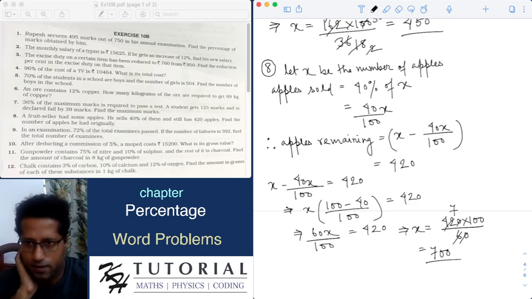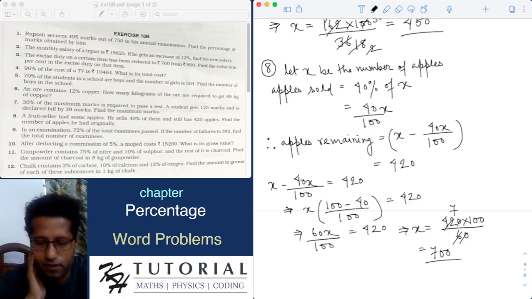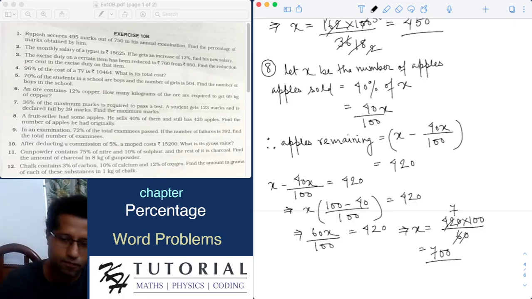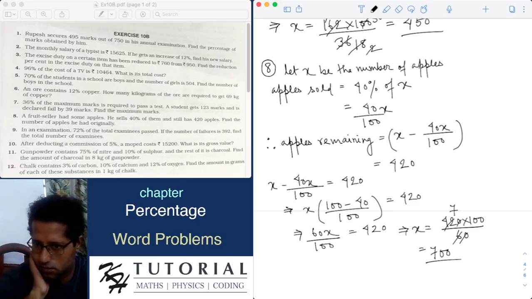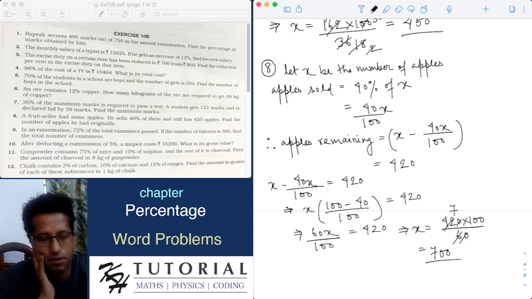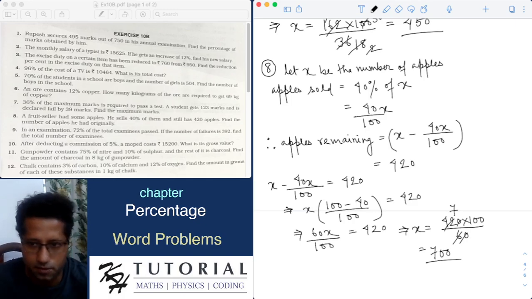Now, please note that these kinds of problems can be solved in various methods. The method the way I am solving is just one of those methods. You can possibly solve using some other way, but that is fine. It is not really possible for me to solve a particular problem using various methods. I am following the method that is very obvious to me, and the method with which I feel comfortable applying the concept of percentages to solve the problem.